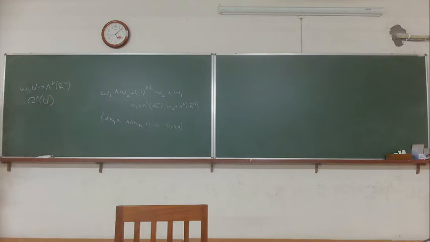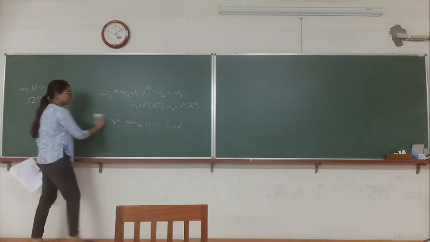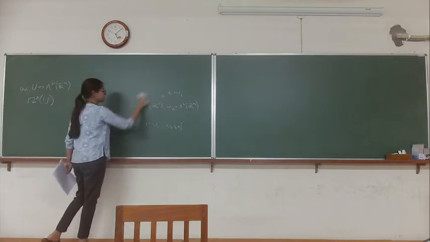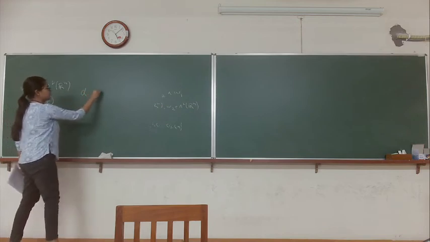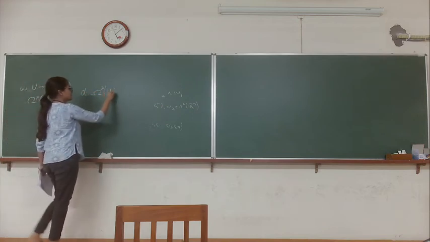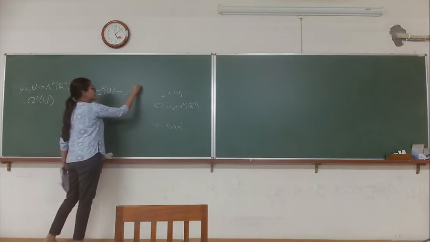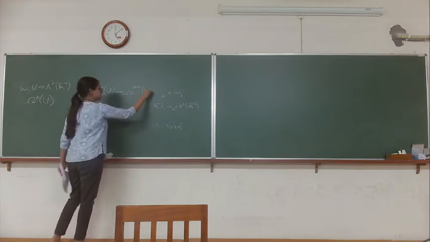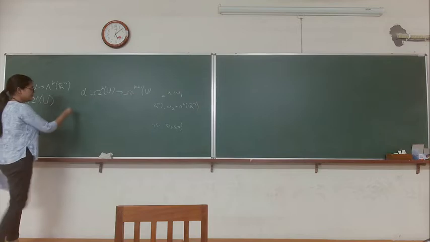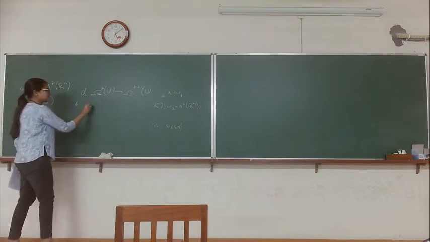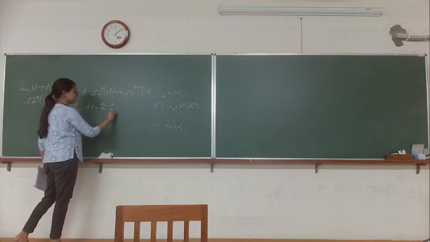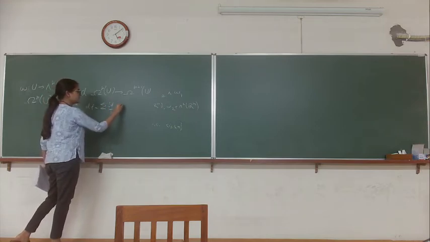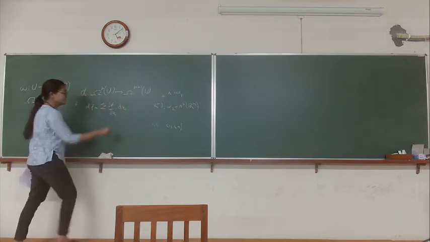Now, on this omega p of U, we have an operator d from omega p of U to omega p plus 1 of U, where for any zero form f, df is the summation of del f del xi dxi.